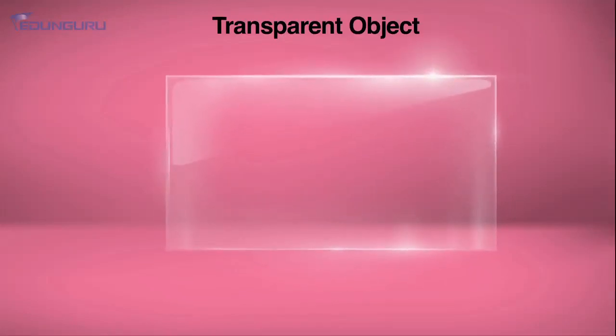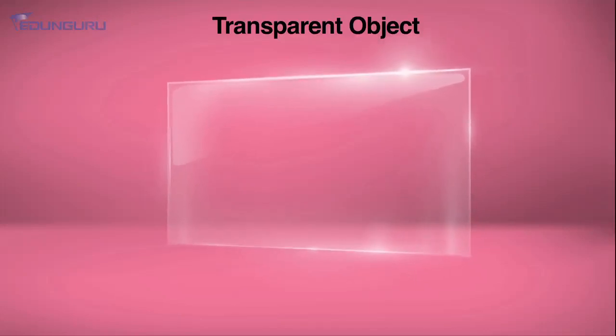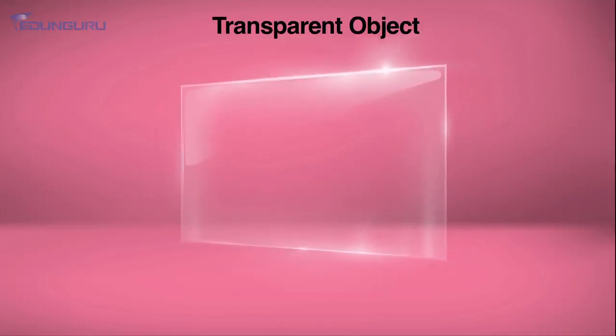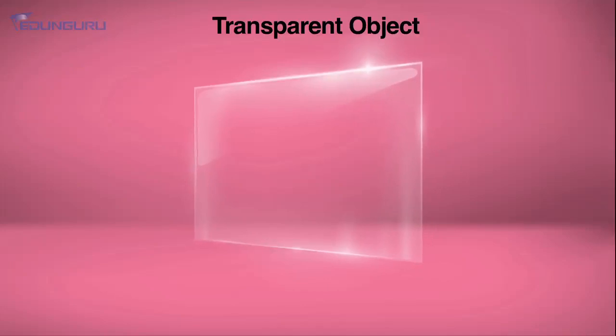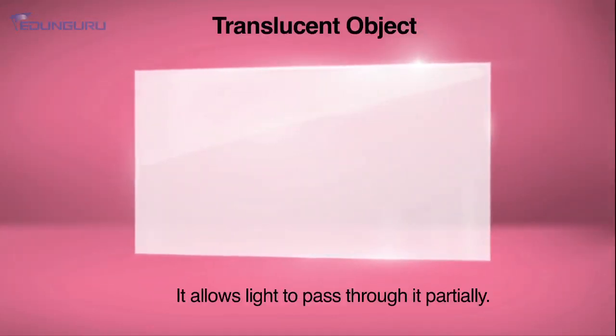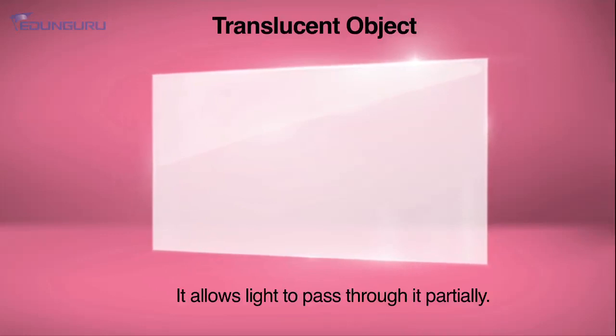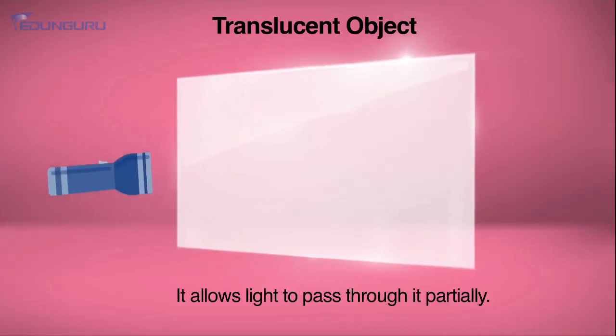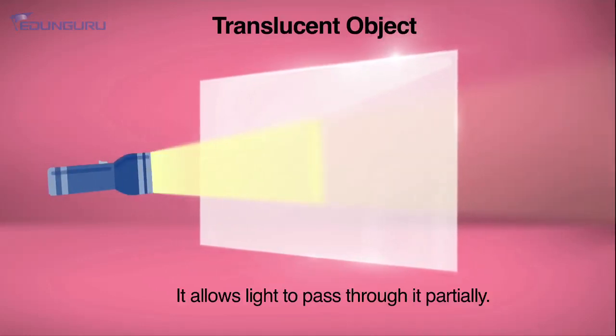Now I can see you through this glass, and this is a transparent object because light passes through this glass. Now we'll talk about translucent objects. In translucent objects, some of the light passes through and some of the light reflects back. And this is the reason we can see partially through translucent objects.